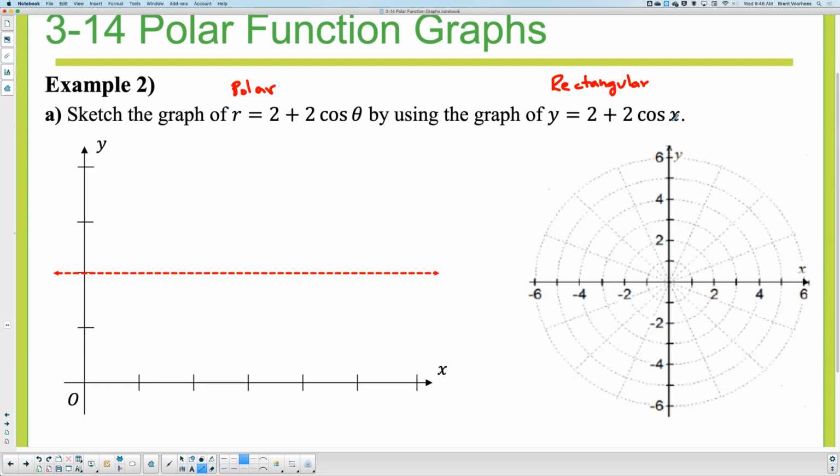Now cosine, think of the unit circle. Does cosine, that's at +2, that's the midline, y equals 2. Does cosine start at its maximum, or does it start at 0? Maximum. So go up 2 units and put a dot. Now the points I'm going to graph, I'm just going to hit the major ones. How many lines did I put here? 1, 2, 3, 4, 5, 6.